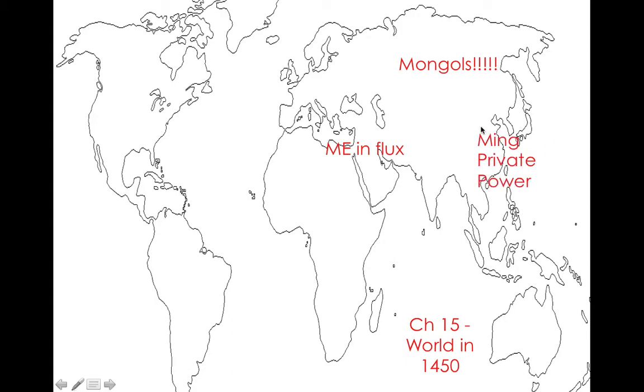Next, the Ming. We're going to talk more about Zheng He, maybe watch some video on him. Basically, he was a Muslim eunuch who will take fleets out, travel along India, even along this part of Africa. This shows the Ming's desire to spread their name.